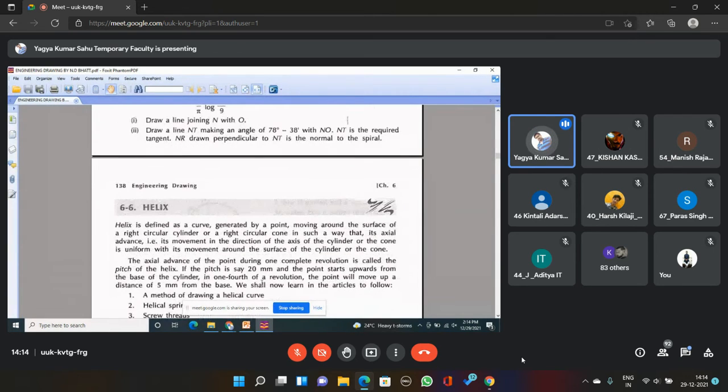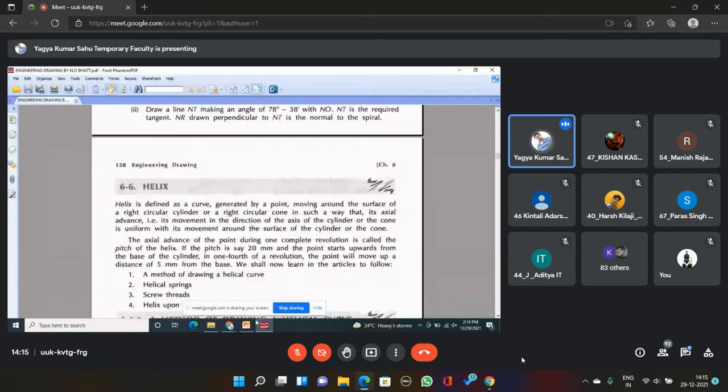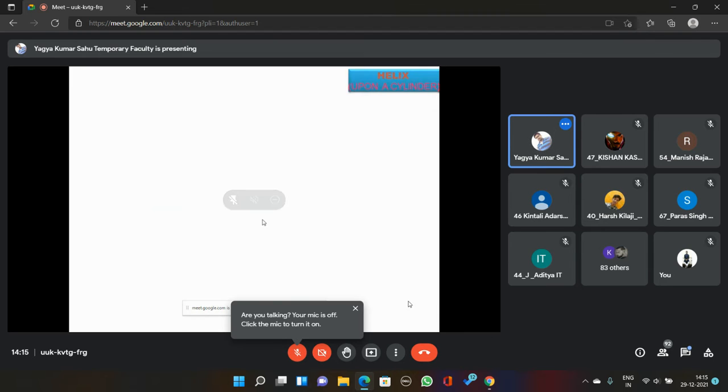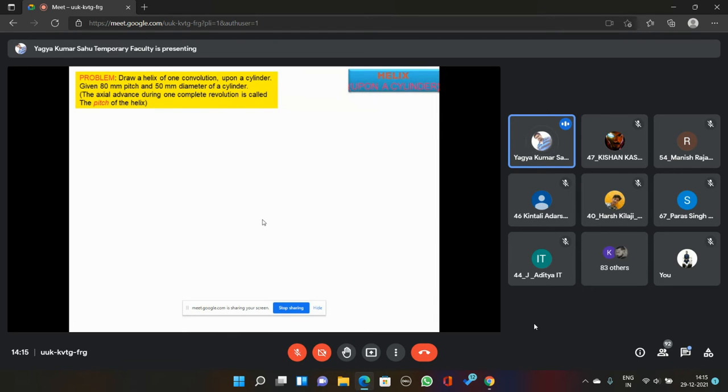Now, how to draw a helical curve? First of all, draw the front view and top view of the cylinder with the given dimensions. See, draw a helix of one convolution upon a cylinder given 80 mm pitch and 50 mm diameter of the cylinder. Now, in this question, the height of the cylinder is not given.